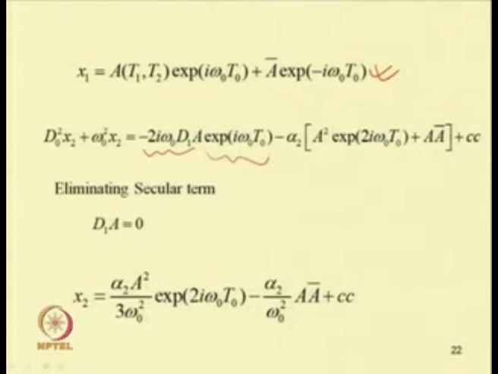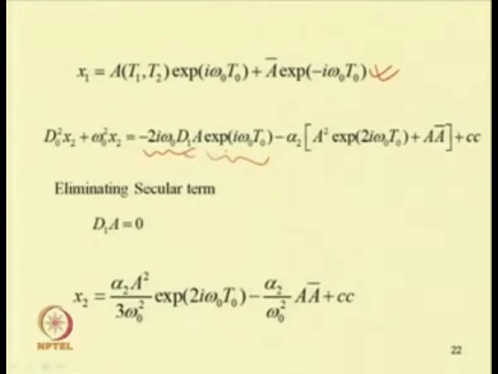If this term is present, it will lead to a solution which becomes infinite as omega approaches omega 0. As it is e to the power i omega t 0, this will be a secular term, or unbounded. But as the actual solution is bounded, we have to eliminate this term. This term is known as the secular term.